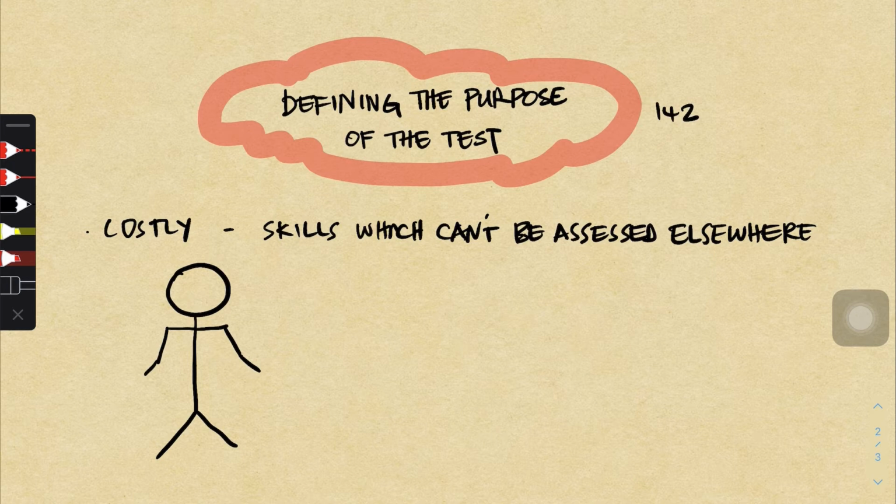For example, if it is early in training, let's say first year, they've just learned the basics of examination skills, for example, we might choose to assess just, for example, examination of the elbow joint.